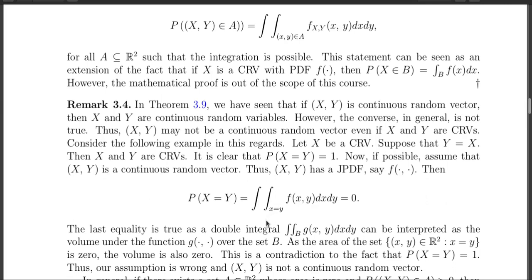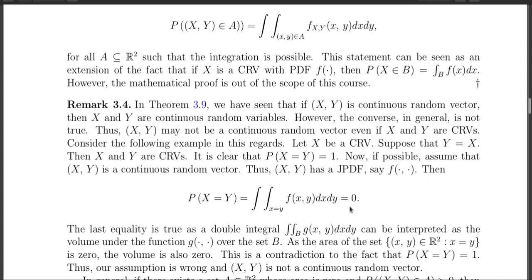And you know that x equals y is basically a straight line in R square, and that straight line has area 0. Because the double integration is the volume under the surface, this integration has to be equal to 0.